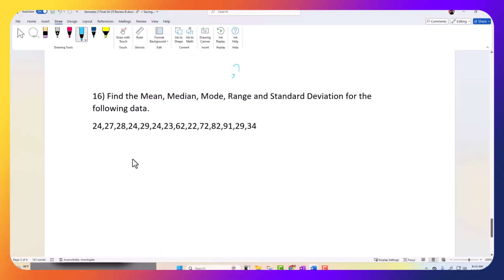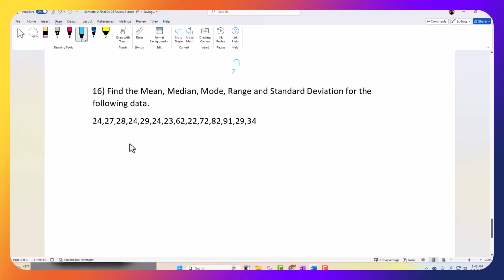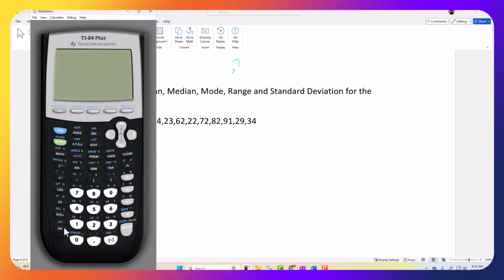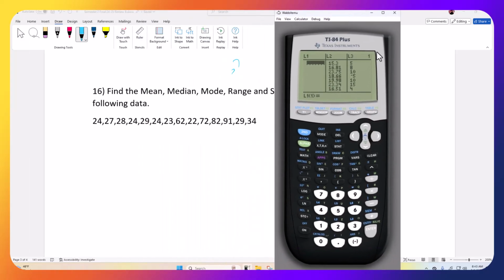Okay, last thing we're going to do is find the mean, median, mode, range, and standard deviation for the data. The first thing I'm going to want to do is put all of this data into my graphing calculator. So I'm going to go Stat and Edit. I want to clear my L1 if it's not already cleared. And now I've got to type all these numbers in.